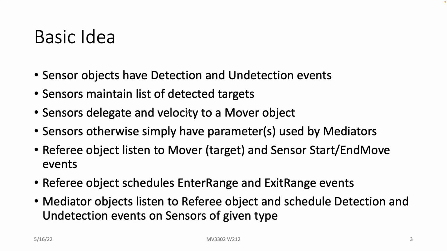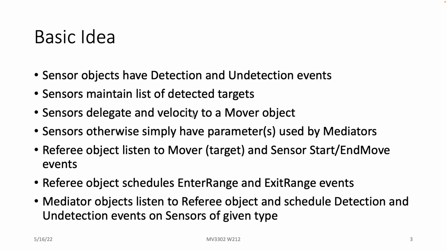Anyway, the idea, again, is that we're using this listening thing, because in discrete event the events are the thing. So our referee object listens to a mover, and it listens to a sensor, and then decides when the enter and exit range events occur.